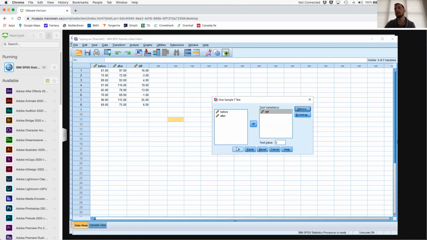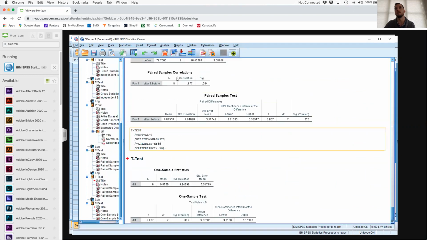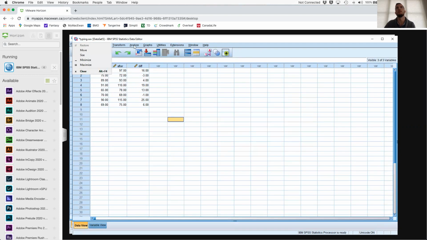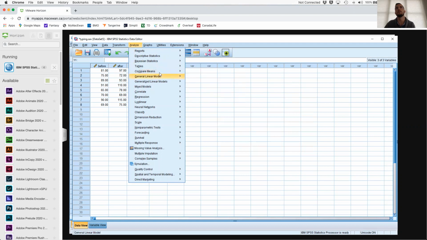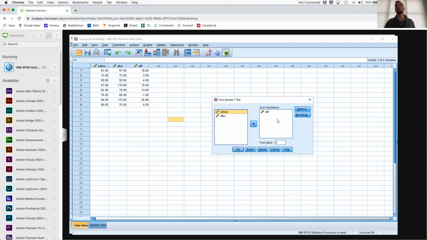Okay, so instead of using the paired output, when I go analyze, compare means, instead of selecting paired samples, which is fine, I select one sample, but I submit the differences directly.